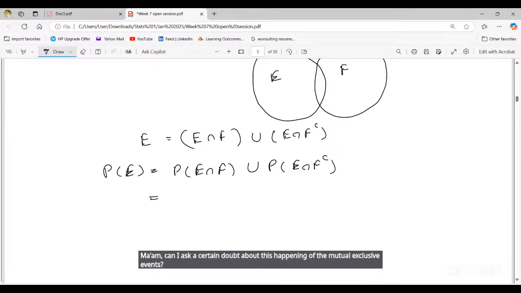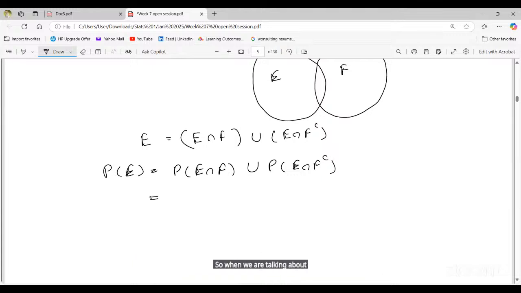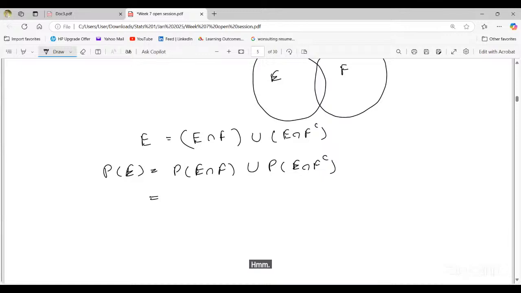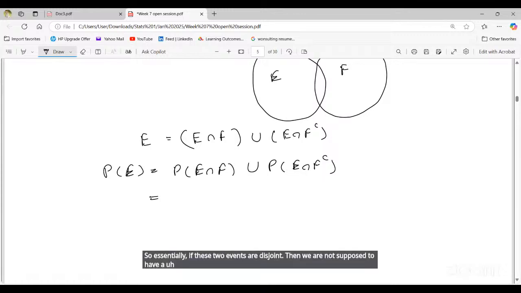Ma'am, can I ask a doubt about mutually exclusive events? When we talk about mutually exclusive events, this means that these two events are disjoint, right? So if these two events are disjoint, then we are not supposed to have an intersection of these two events.